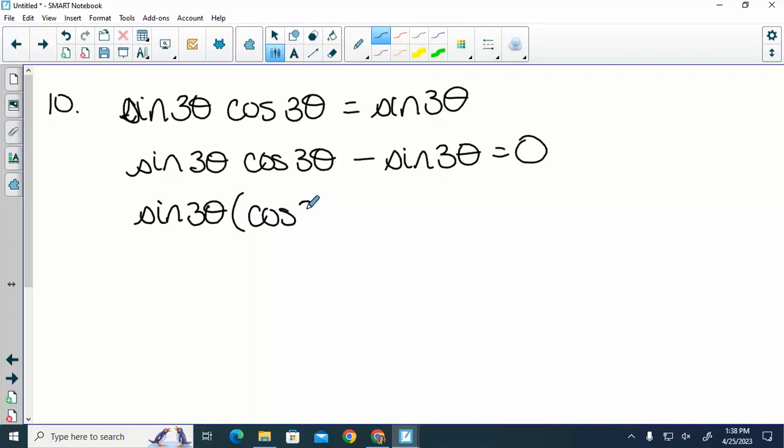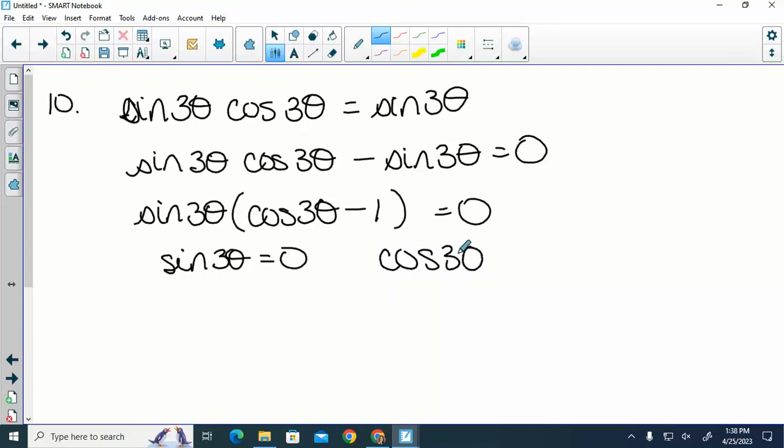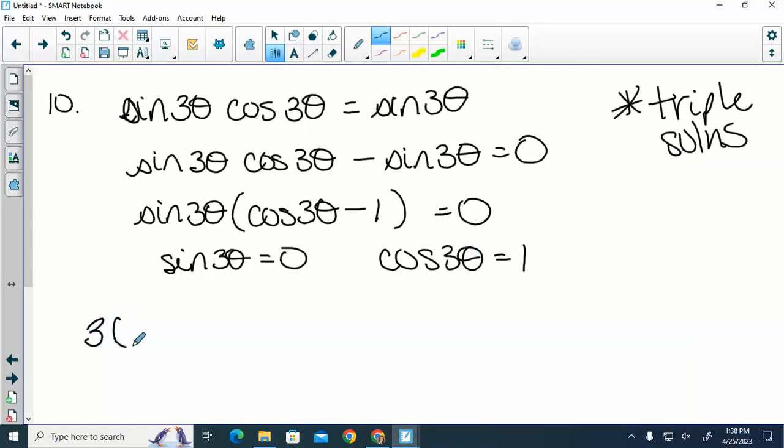So that gives us cosine minus 1. Okay, set each one to 0. So we get sine 3 theta equals 0 and cosine 3 theta equals 1. What does the 3 tell me? Alright, so 3 theta equals, when is sine 0? So if you think about your unit circle, sine is the y.